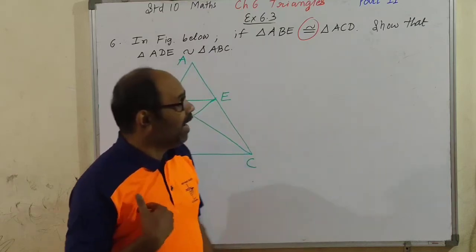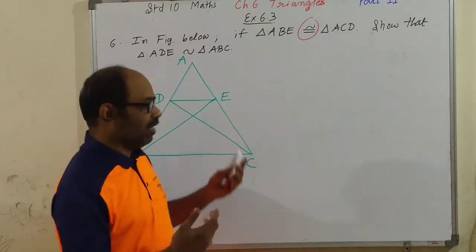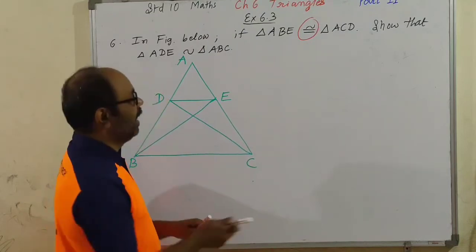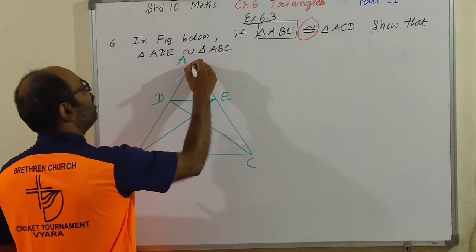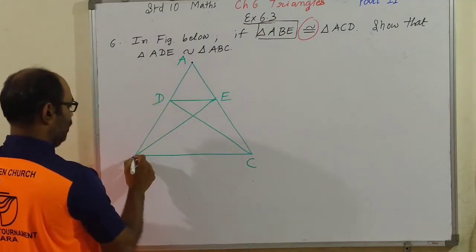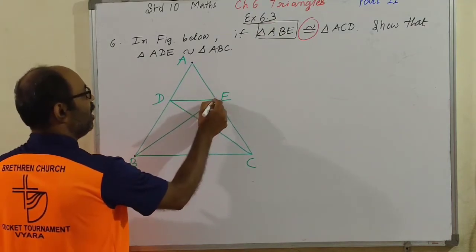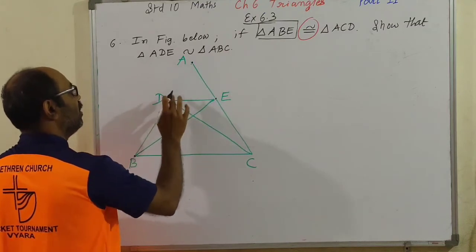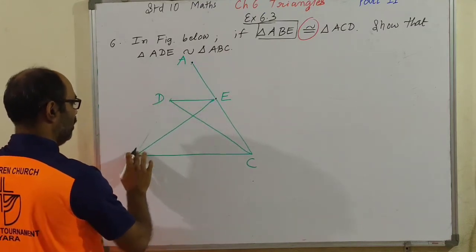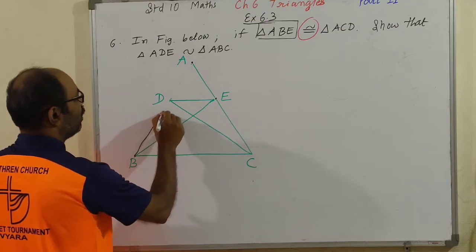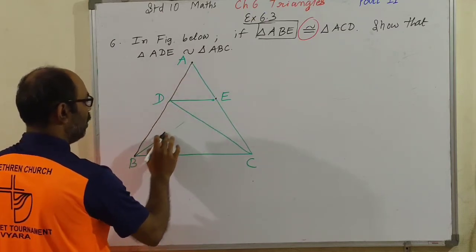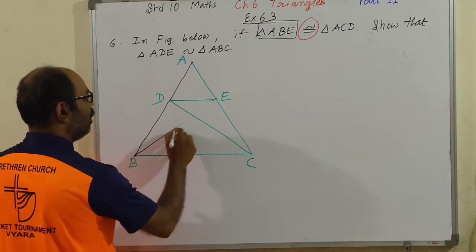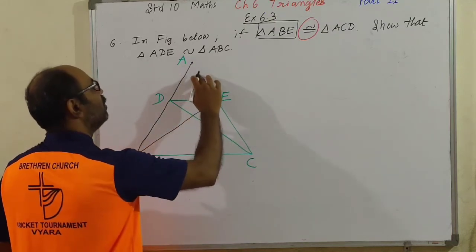Alright, ये data में है. बस, two triangles are equal. Let me make this black as it is. A, B, and E. This.